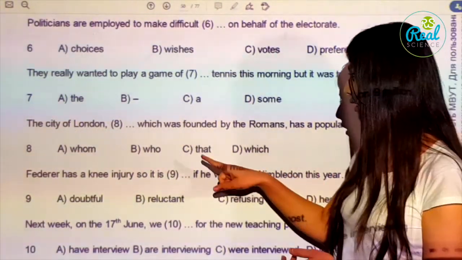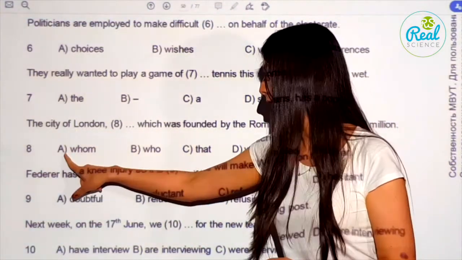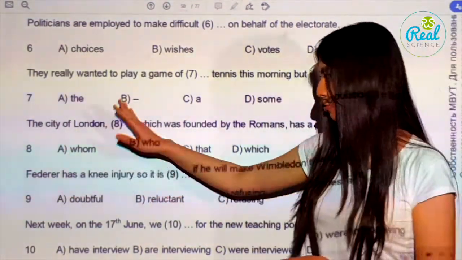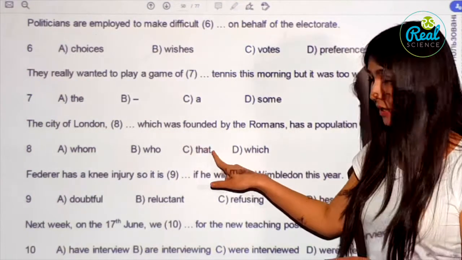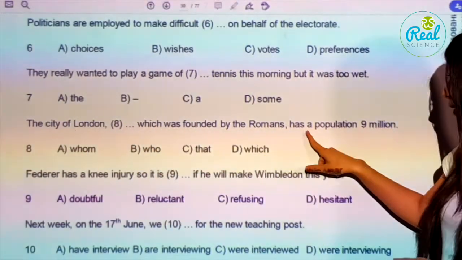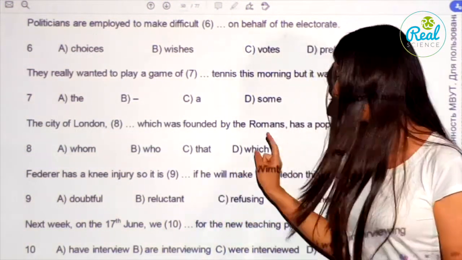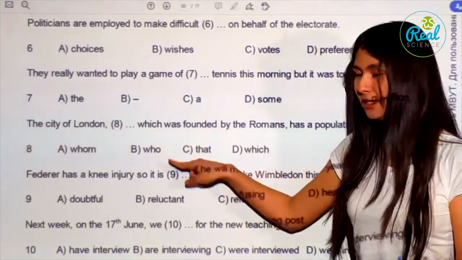Okay. Yes, actually, here, guys, you have the answer. Look, A, B, D should be read out. Here, the best option is that one. The city of London, which was founded by the Romans, has a population of 9 million. So there could be sentences like that. Therefore, the best option here is C1.